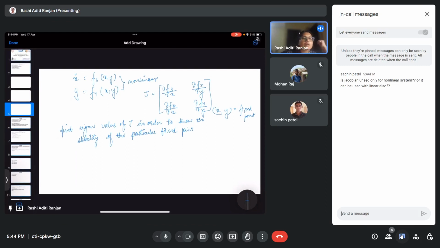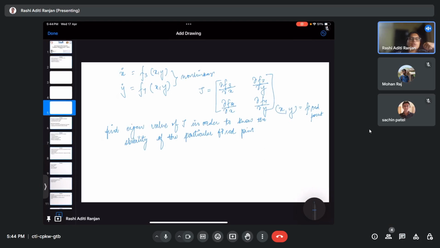Okay, so Sachin is asking, is the Jacobian used only for nonlinear systems or can it be used with linear systems also? No, there is no point in using the Jacobian matrix for a linear system. The Jacobian matrix is essentially a matrix which is used to linearize a nonlinear system about a point.